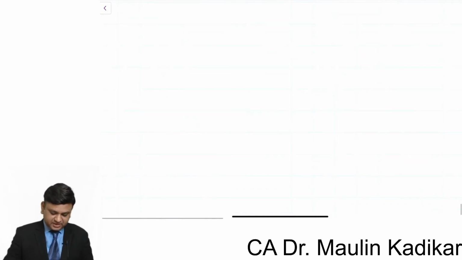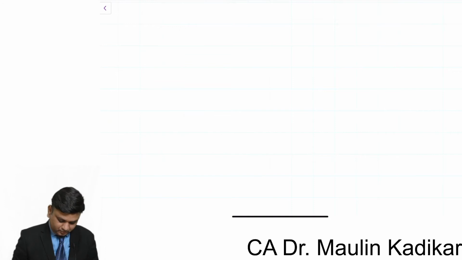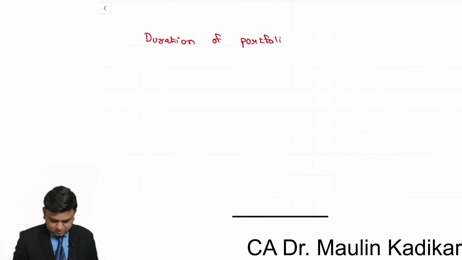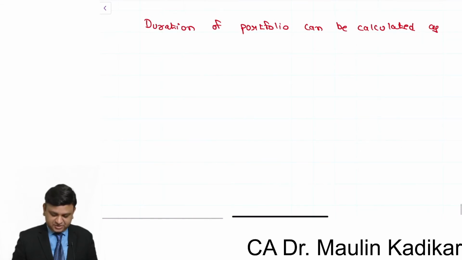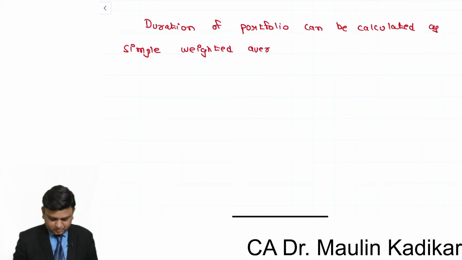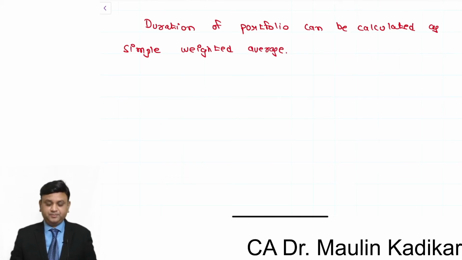So please write down the paragraph. Duration of portfolio can be calculated as a simple weighted average. Full stop.